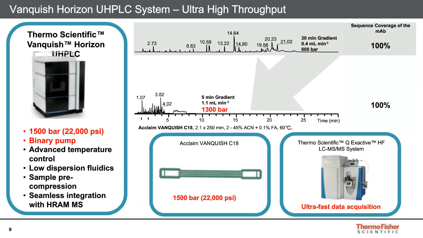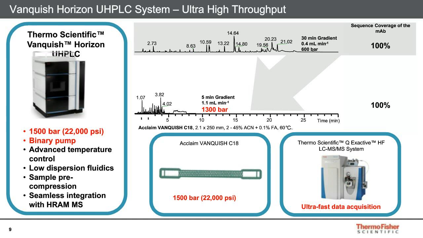Now, I mentioned the Vanquish Flex quaternary as the system of choice for analytical development in biopharmaceutical analysis. If you require more performance, the other system to take into consideration is the Thermo Scientific Vanquish Horizon HPLC system.